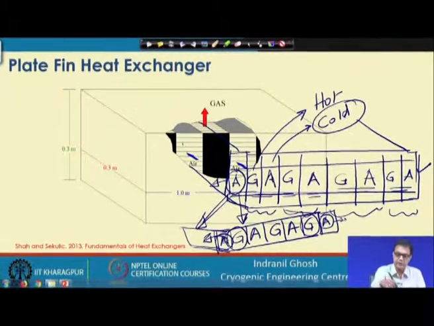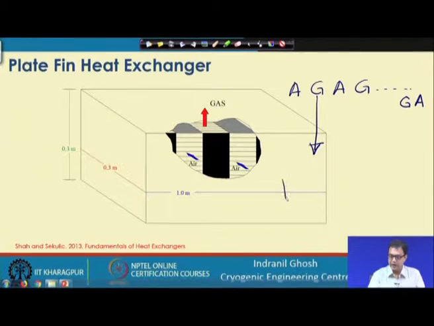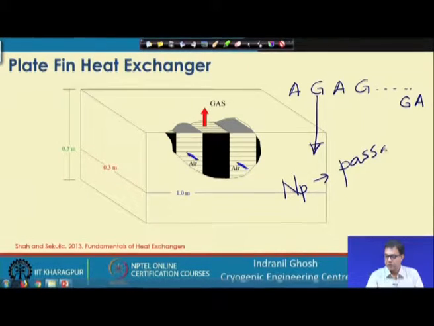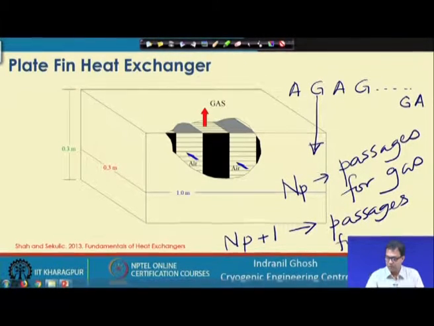So, for this entire heat exchanger we have air, then gas, air, gas, like that, G A. Now say there are Np passages for the gas. If we have Np gas passages, then we have Np plus 1 passages designated for air.